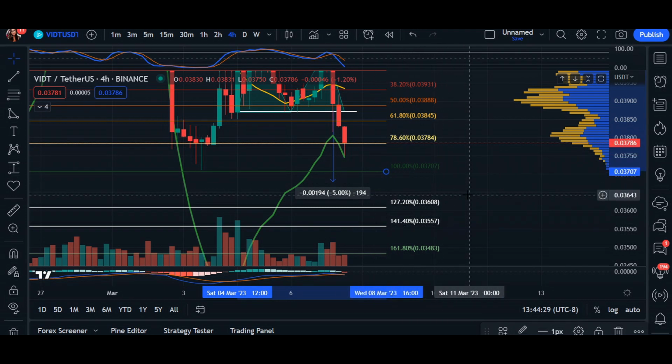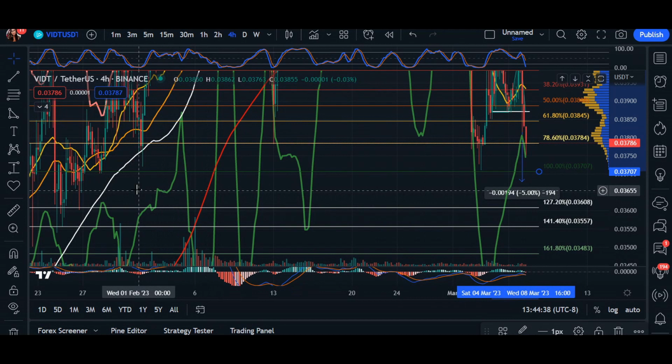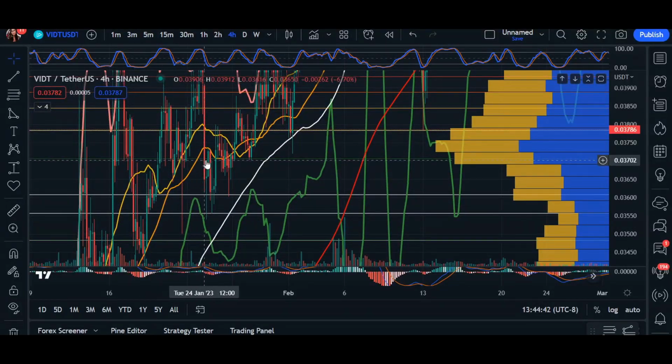Now, before we get into that, we can see that this area may be a good area of support before the price does reach and complete that 5% decrease, at 0.03707. As we scroll along using our fib retracement, we can see this area was a good area of support.